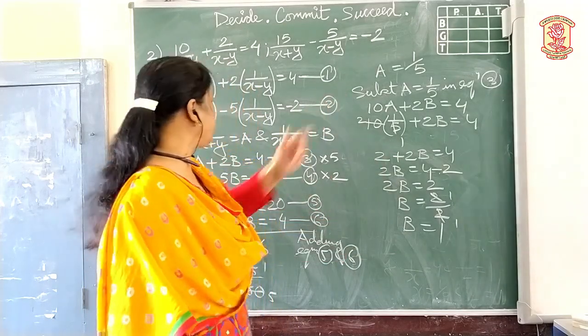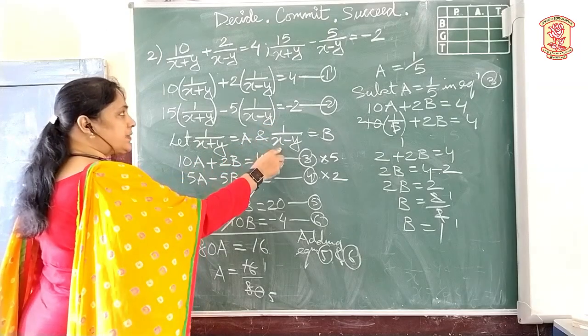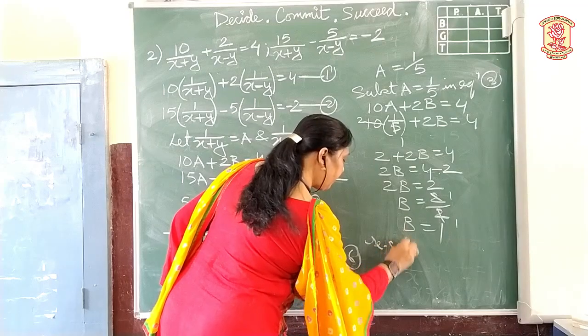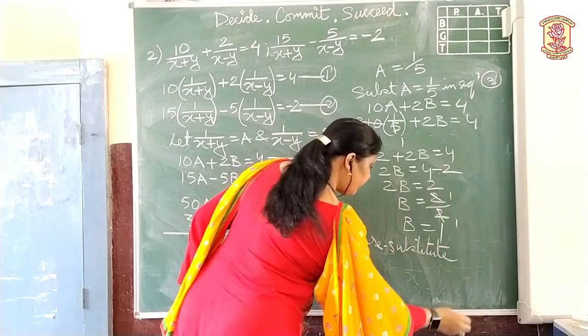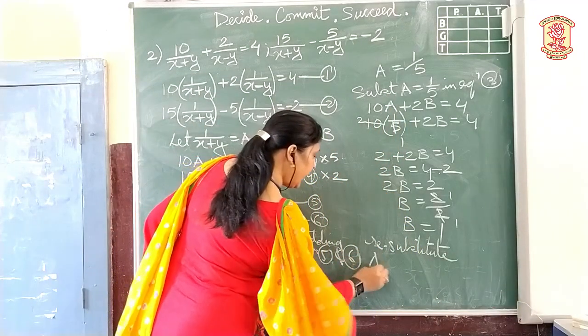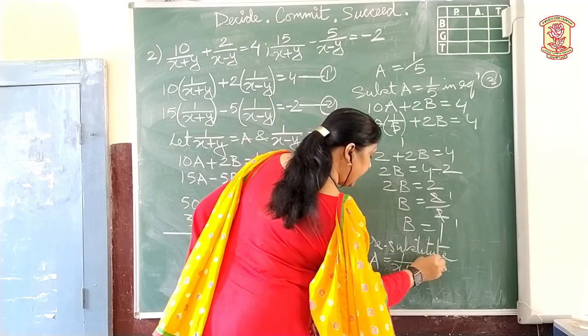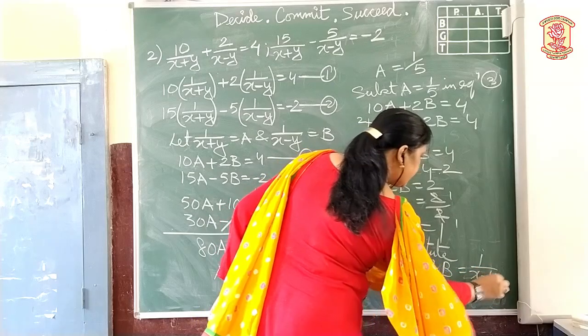We'll have to resubstitute because we are taking 1 upon x plus y as a and 1 upon x minus y as b. So resubstitute a equals 1 upon x plus y and b equals 1 upon x minus y.